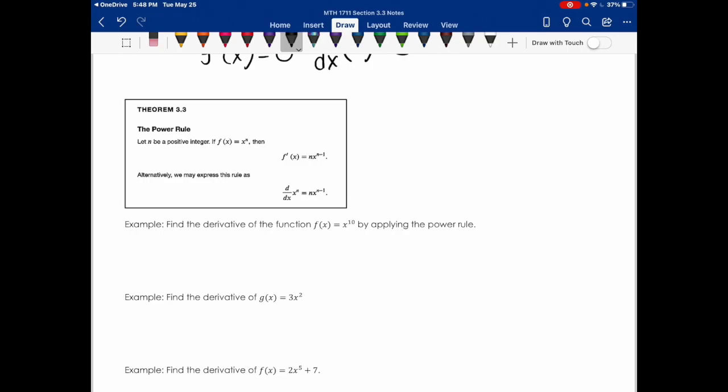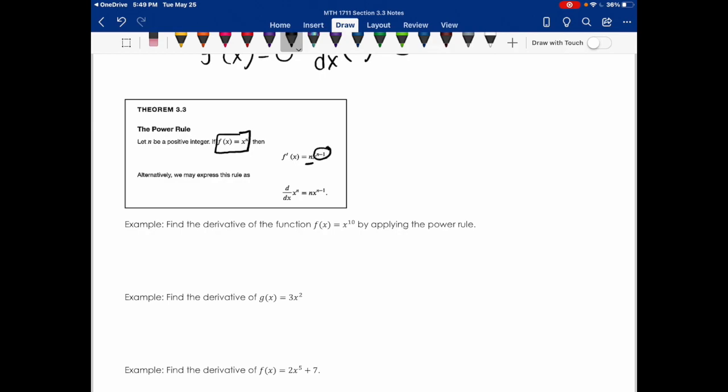Our next rule, which is truly the most handy, is called the power rule. So if you have a function in this form, where f of x is equal to x to some power, for example, f of x is equal to x squared or x to the 5th or something of that nature, then rather than try to find the limit and go through the whole definition of a derivative, all you're going to do is take whatever the value is of your exponent, in this case it would be n, and bring it down in front.